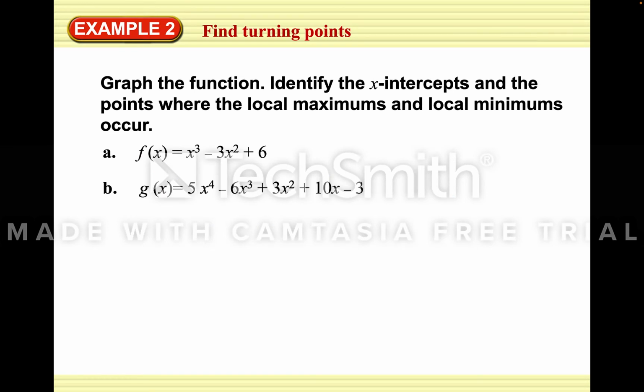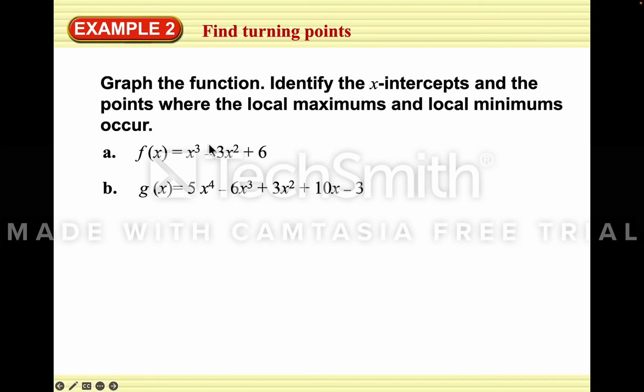Okay, one thing that can be helpful too is realizing how many turning points you're supposed to have. If you have a degree of n, then you're going to have at most n minus 1 turning points. So what we're going to do on problems like this is identify the x-intercepts and where the local maximums and minimums occur.